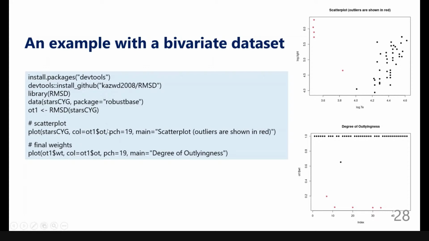This return value contains flags of outliers. If the observation is not an outlier, the value of this one is 1. But if an observation is regarded as an outlier, the value will become 2. So please see the scatter plot, as the detected outliers are shown in red color.